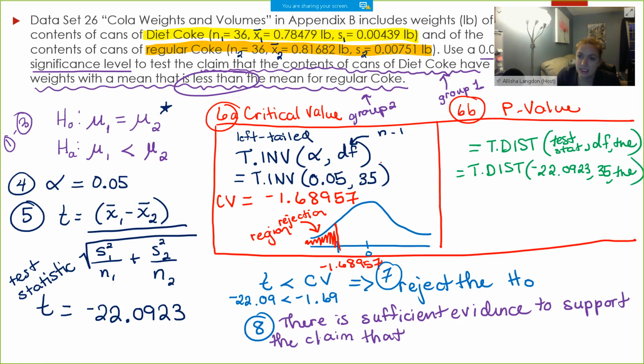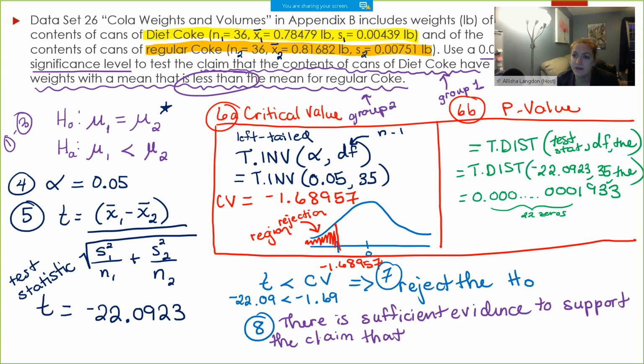So this would be 0.000. Imagine 22 zeros. 1933, so on. Okay. We don't want to write all that out.